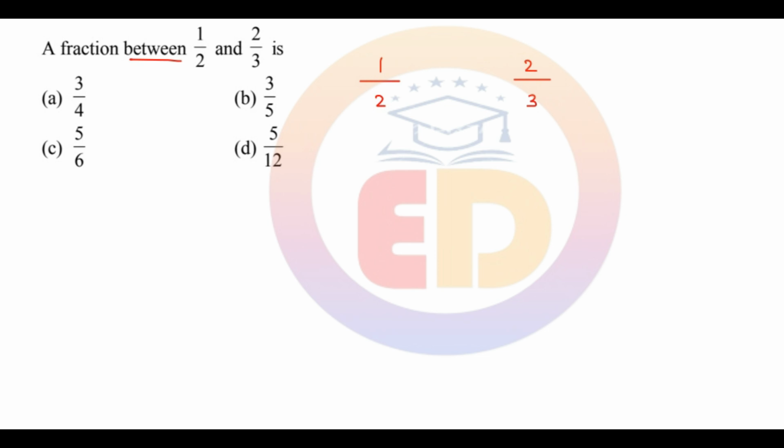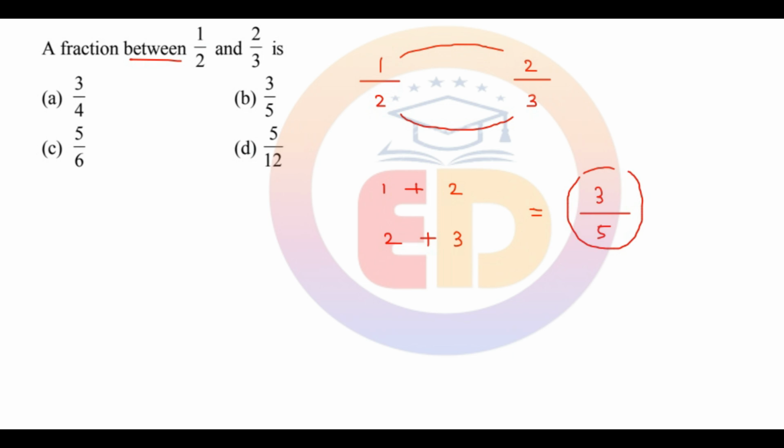For finding a fraction between 1 by 2 and 2 by 3, the process is add the numerators 1 plus 2 and add the denominators 2 plus 3. 1 plus 2 is 3. 2 plus 3 is 5. This is our answer. The fraction between 1 by 2 and 2 by 3 is 3 upon 5.